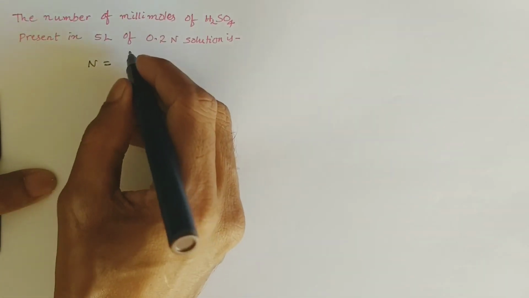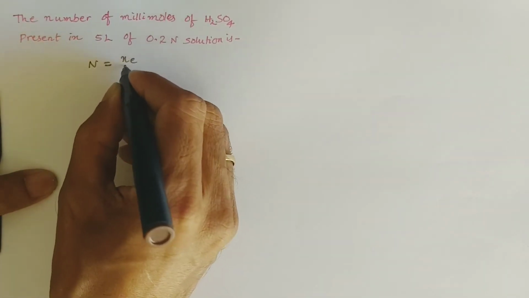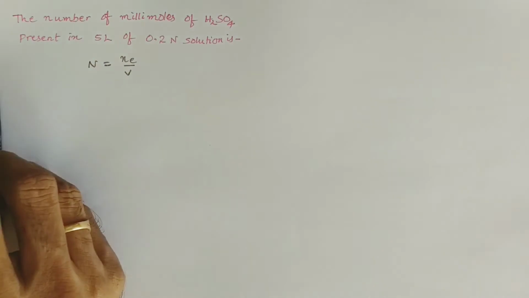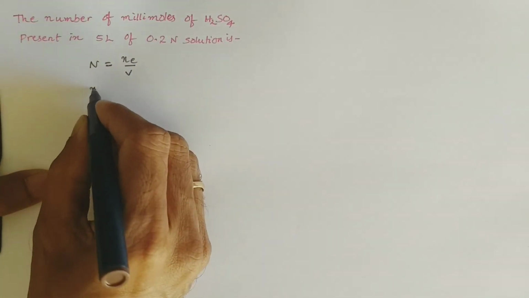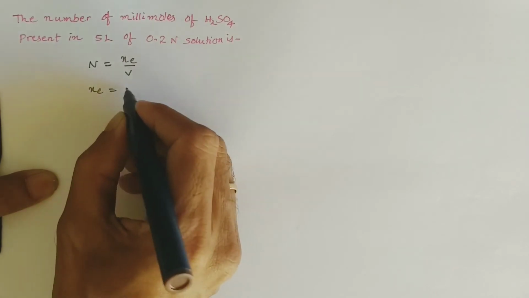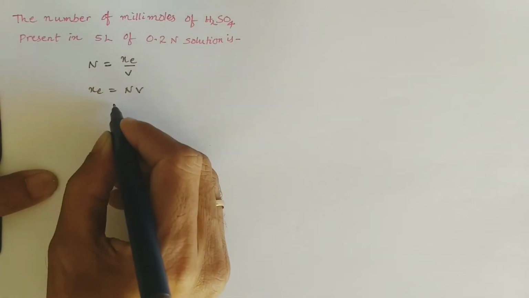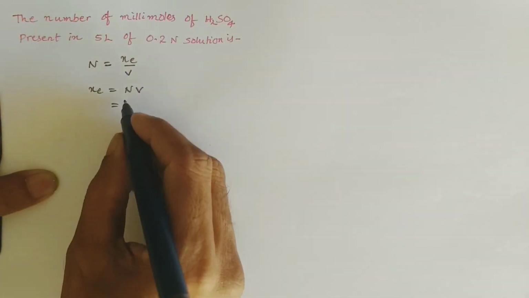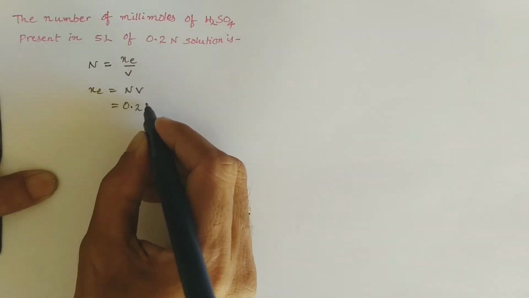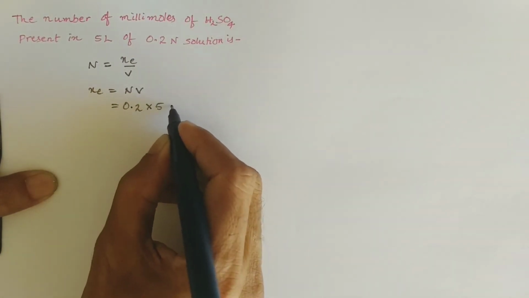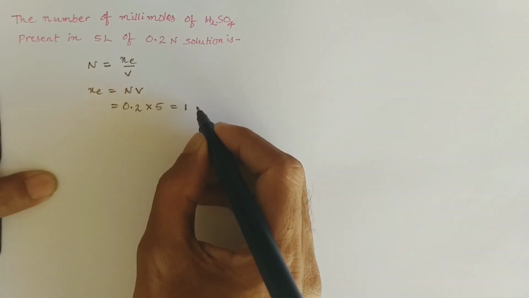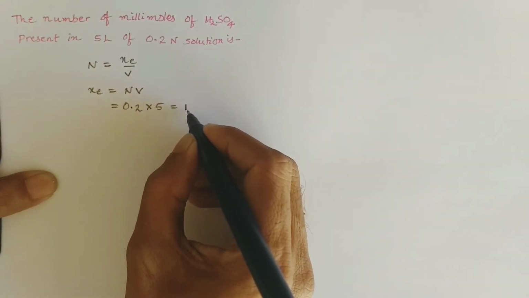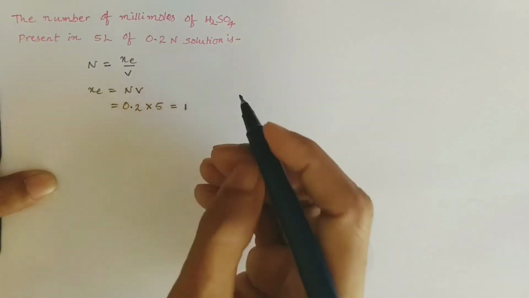Normality is equal to number of equivalents by volume of the solution in liters, right? So now number of equivalents is equal to what? Normality into volume. Normality is given, that is 0.2, and volume is 5 liter. So that is equal to 1. So 1 equivalent is present.